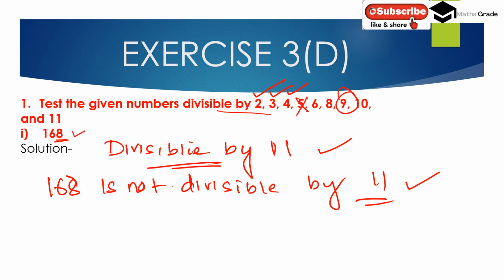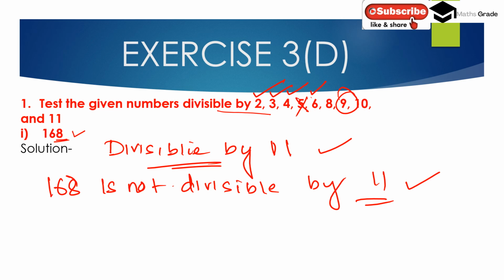And this number is divisible by 6 because it is divisible by both 2 and 3.